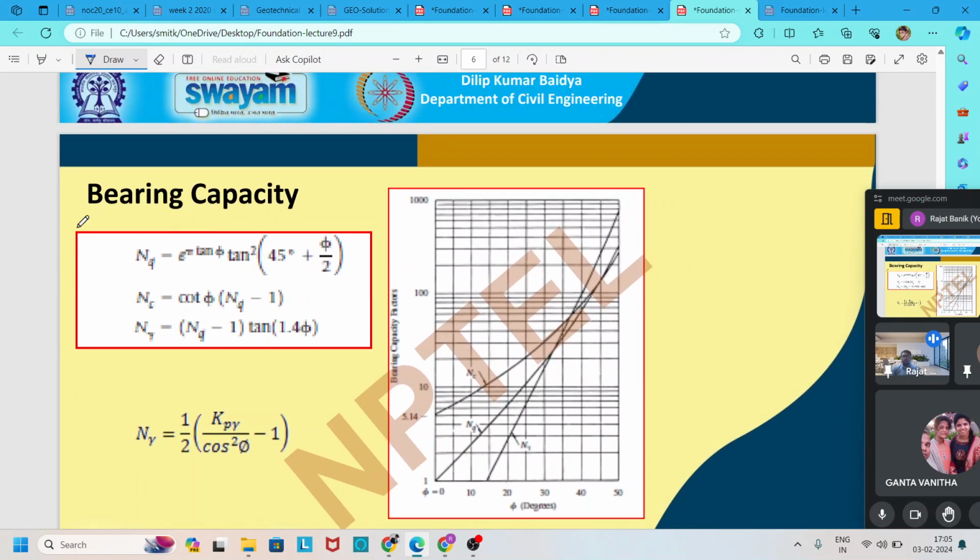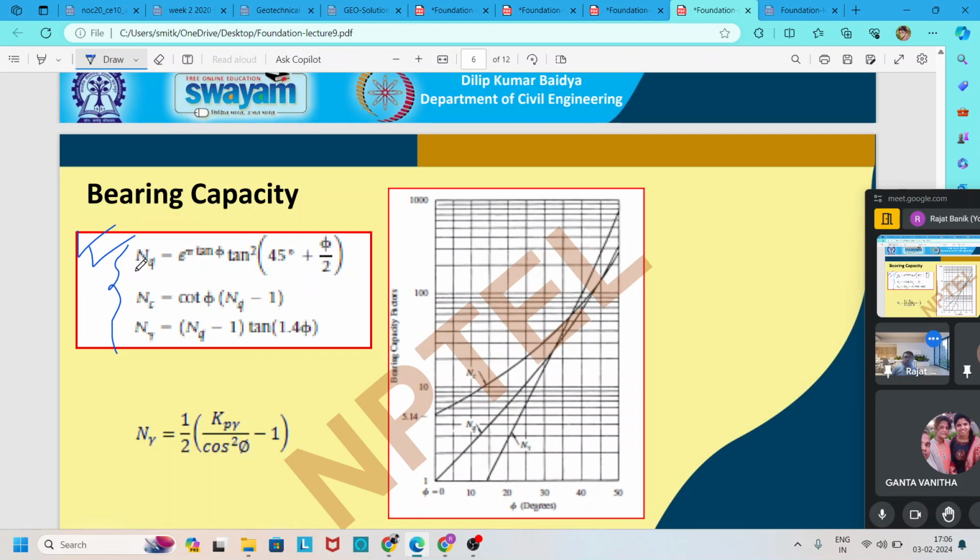And here the general formula is also given for Nq, Nc, and N gamma. For Nq, it is given as e to the power pi tan phi into tan square of 45 degree plus phi by 2.